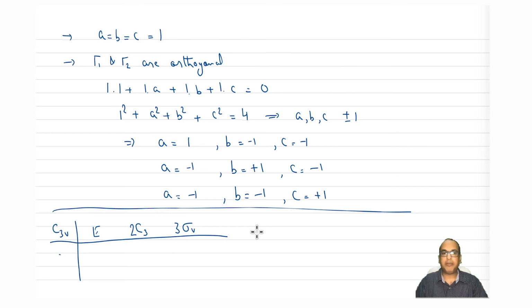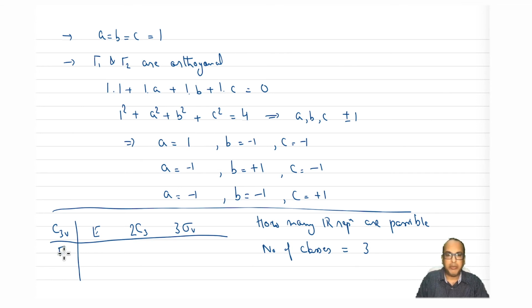First of all, how many irreducible representations are possible here? The number of classes is 3, so the number of irreducible representations is also 3, defined by the number of classes, because you have 1, 2 and 3 classes.